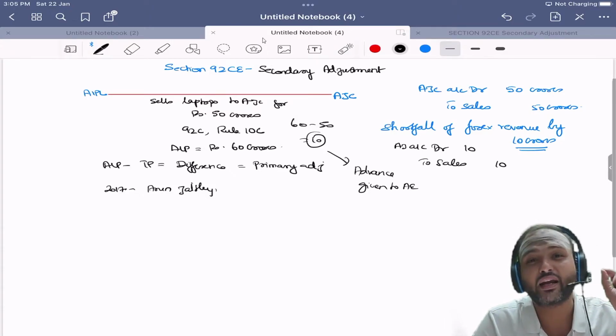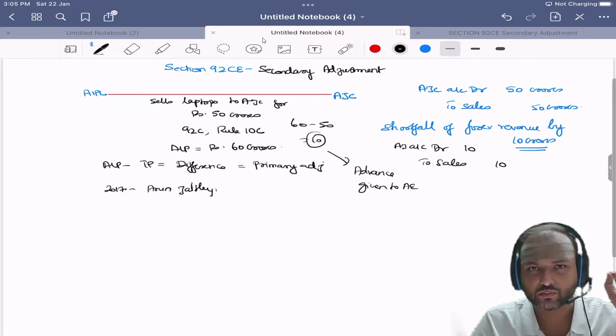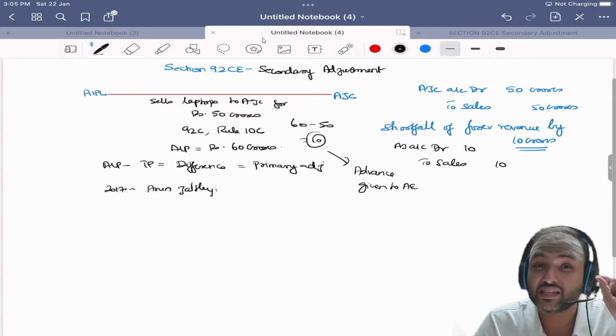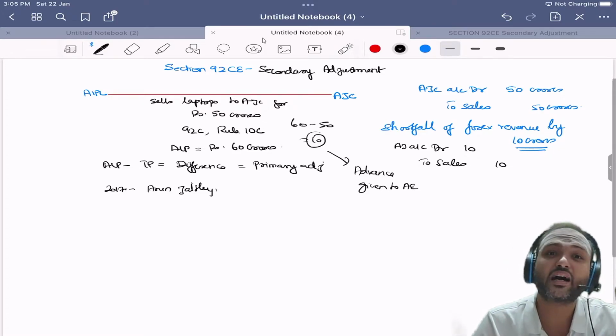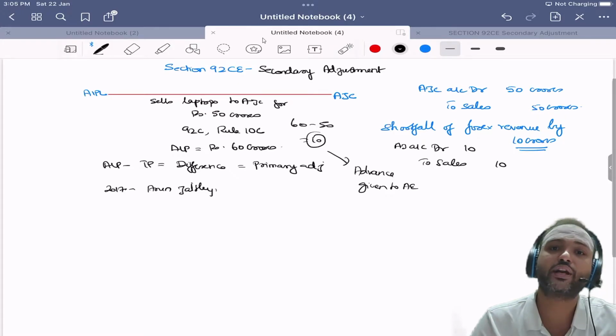So it will be treated like a loan given to an associated enterprise. Now, if it is treated as a loan given to associated enterprise, what is the next headache? They will start asking you to charge income on that and offer it to tax.